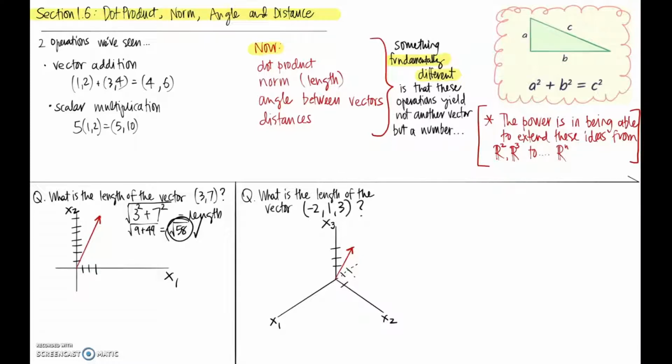Well, the length of this vector is still using the Pythagorean theorem. We'll just have to use it a couple times. So this length here will be the square root of this squared plus this squared. And we know that this guy squared is 3 squared. So the length will be the square root of this 3 squared plus, and now this guy we have to do a little figuring out, what this length is.